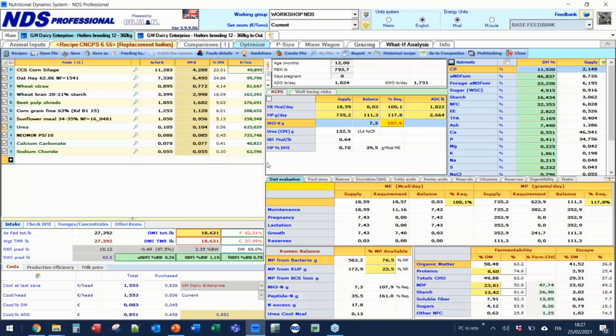That is the reason why very often I add some urea in order to guarantee that my rumen ammonia requirements are met.